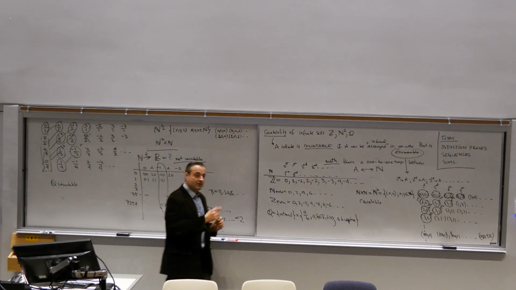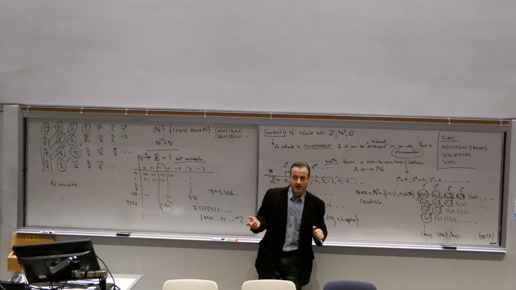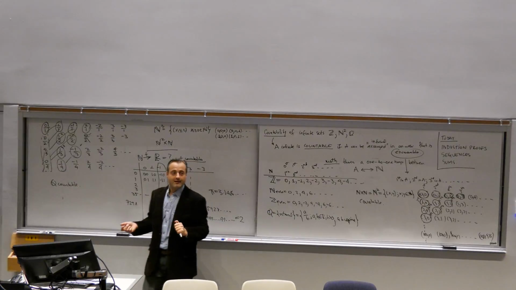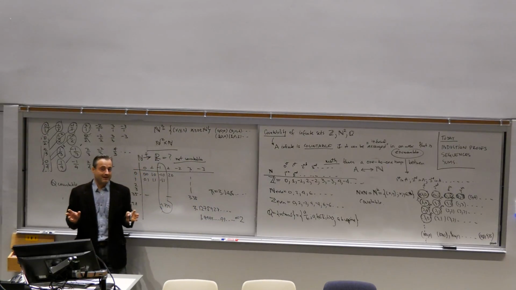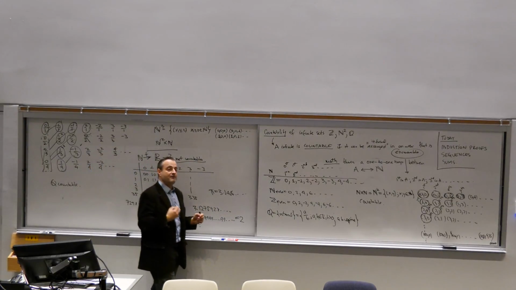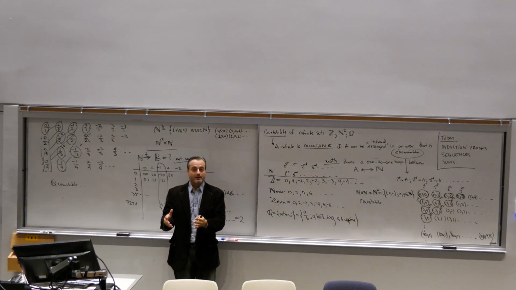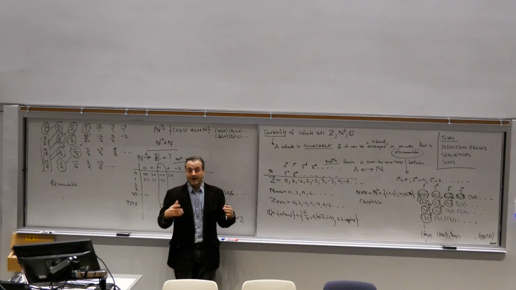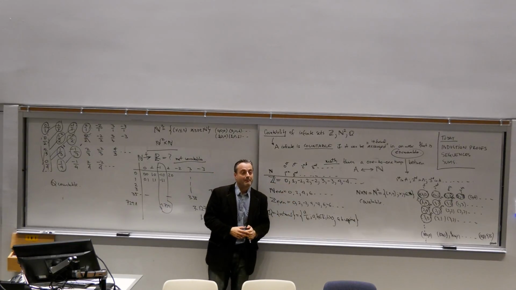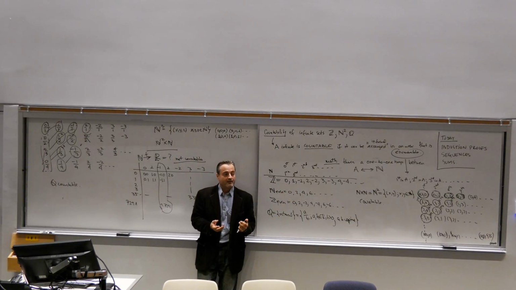So that's something you need to think about for a day or 2 or 3 and then maybe look it up online. It's a very fundamental result in mathematics because it shows that infinite sets can be countable or not countable. Not all infinite sets are countable, which allows us to define different kinds of infinity.